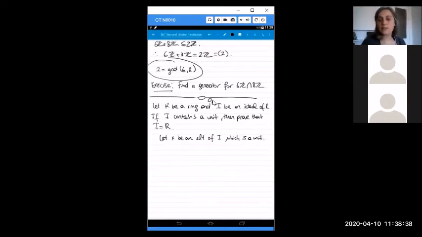We know the existence of such an element from the assumption of our question. Now, since I is an ideal, for every r in R, r times x and x times r lie in I.